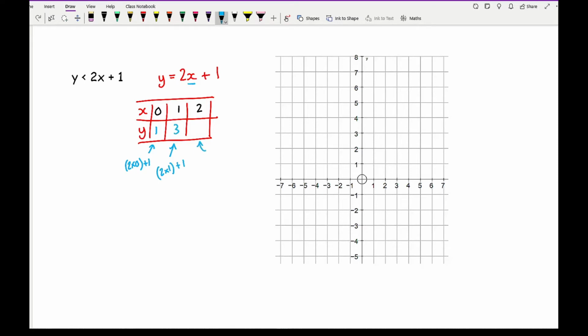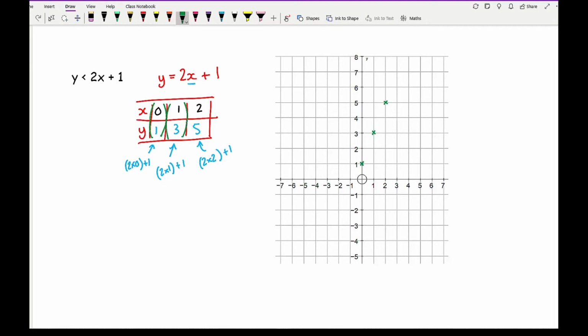And for this coordinate, it's 2 times 2 plus 1, which is 5. So these are the coordinates that I'm now going to plot: 0, 1, which is here; 1, 3, which is here; and 2, 5, which is going to be here.